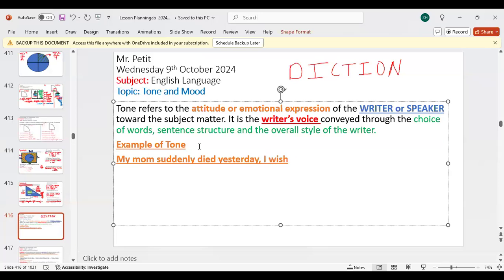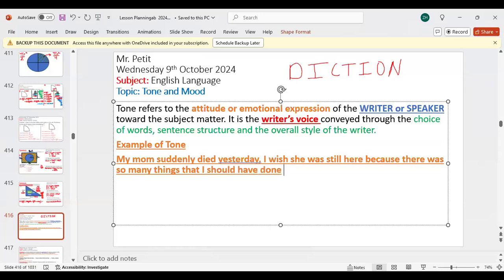I wish she was still here because there was so many things that I should have done for her that I did not do. Sigh.